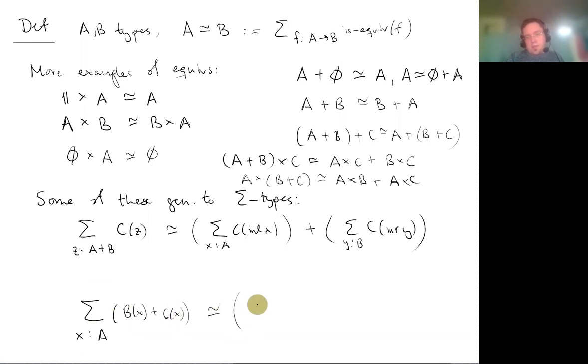So this becomes sigma over x in A, B of x plus sigma x in A, C of x. Okay. So not only do we have these high school algebra equivalences, there are also some that you can generalize to dependent types, type families.